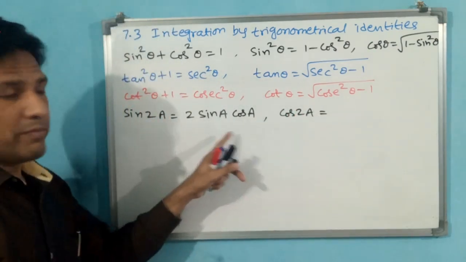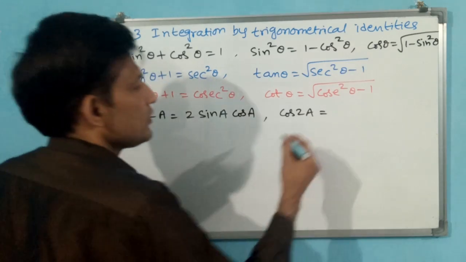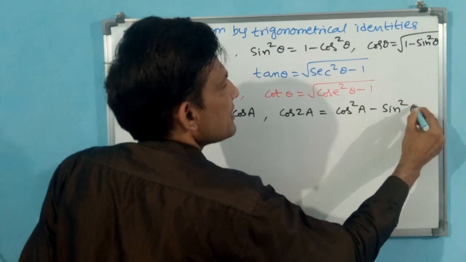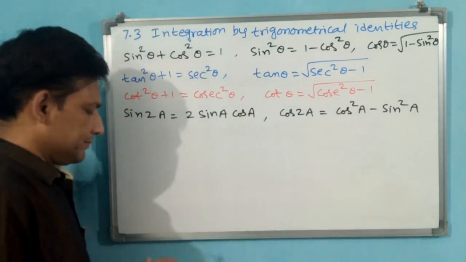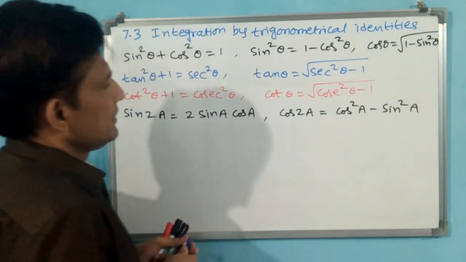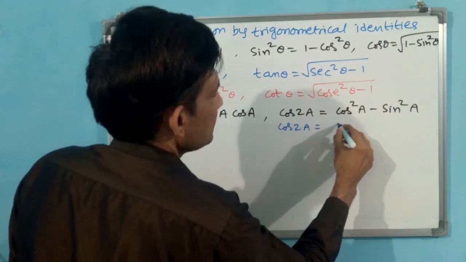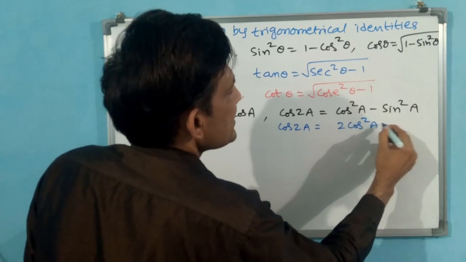For sin there is only one, but here three are there. Cos 2a is equal to cos square a minus sin square a. This is one. Another one: cos 2a is equal to 2 cos square a minus 1.